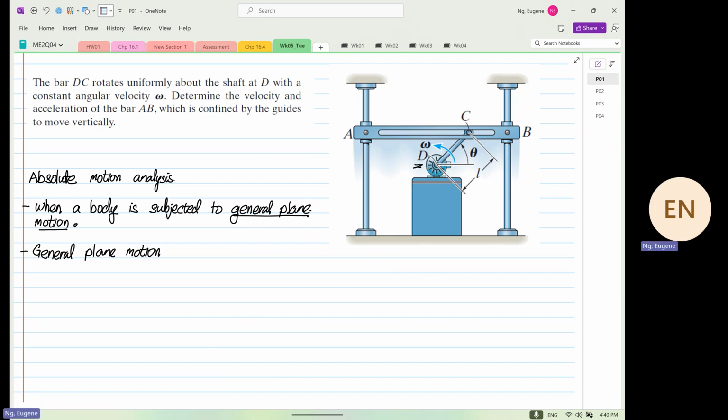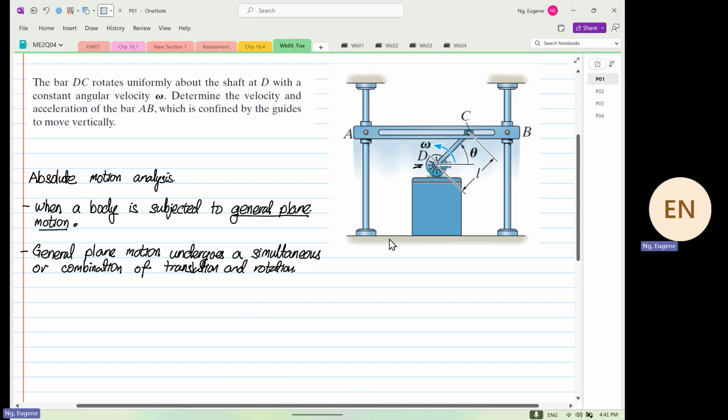General plane motion undergoes a simultaneous combination of translation and rotation.